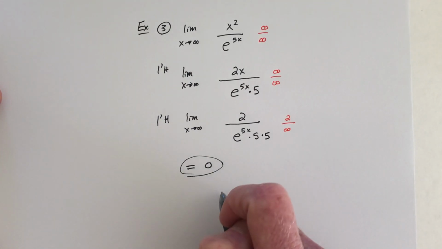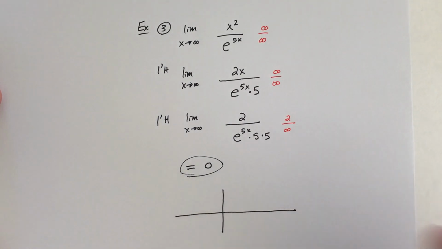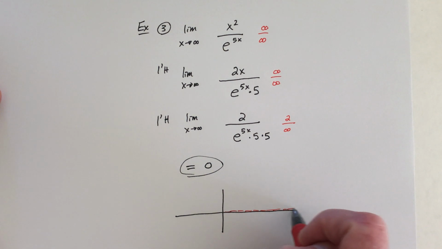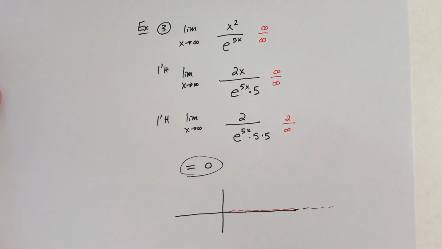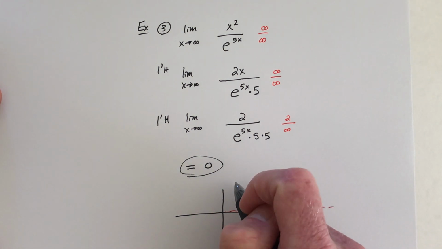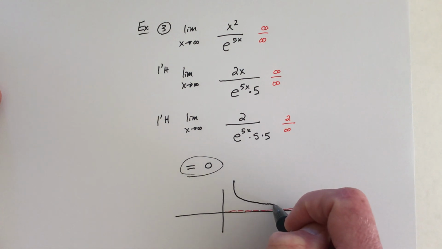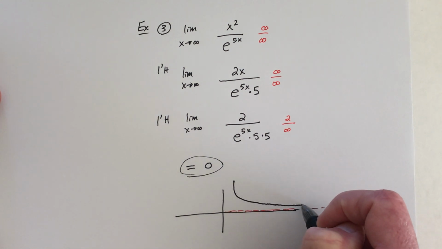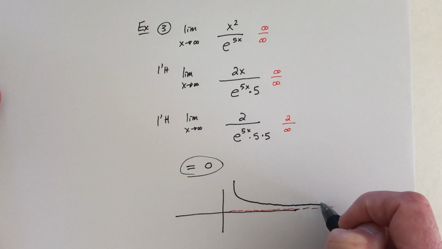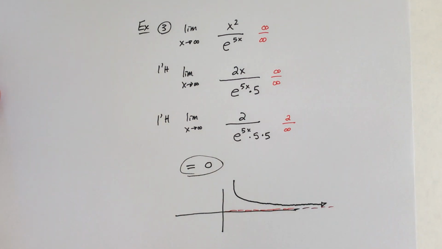And then that is telling us there is a horizontal asymptote where y equals 0. So that means it's the x-axis. So I don't know exactly what this function looks like, but basically as you follow it to the right, it's just going to get smaller and smaller and smaller, but never cross the x-axis.